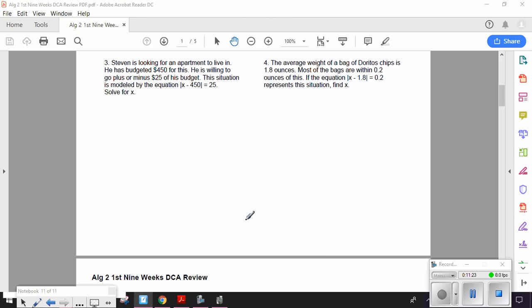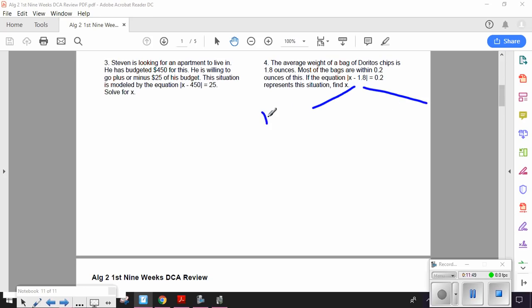Number 4, the average weight of a bag of Doritos chips is 1.8 ounces. Most of the bags are within 0.2 ounces of this. If the equation x minus 1.8 in absolute value is equal to 0.2 represents the situation, find x. So again, it's already ready to go and set up my equivalent situations.